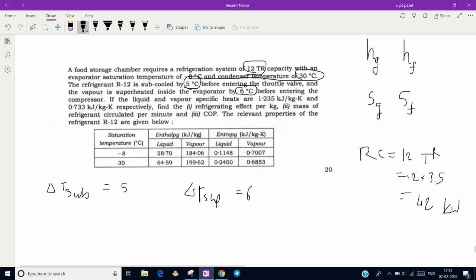Now the specific heat of vapor and liquid: Cp of liquid is given as 1.235 kilojoule per kg Kelvin, and specific heat of vapor is 0.733 kilojoule per kg Kelvin, same unit. We have to find the refrigeration effect per kg, mass flow rate of refrigerant circulated per minute, and COP. All the properties are given.